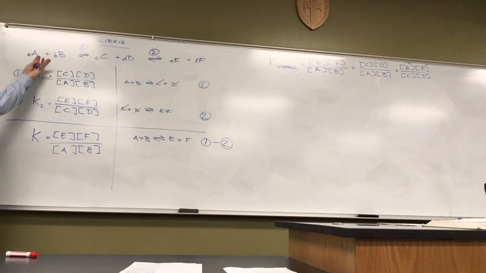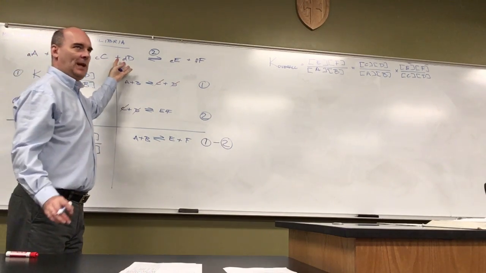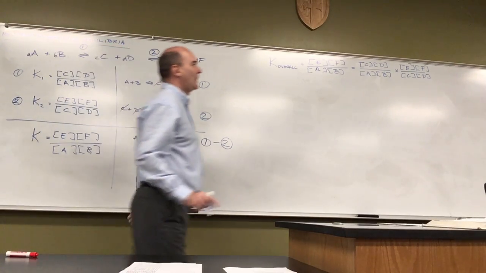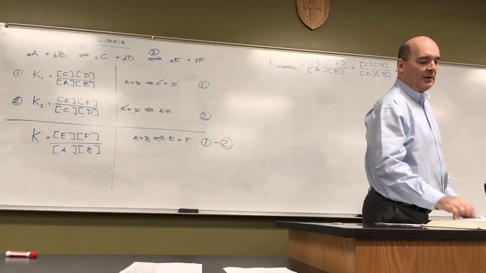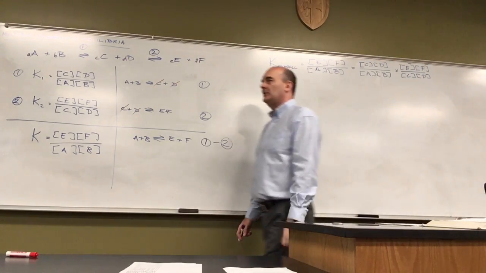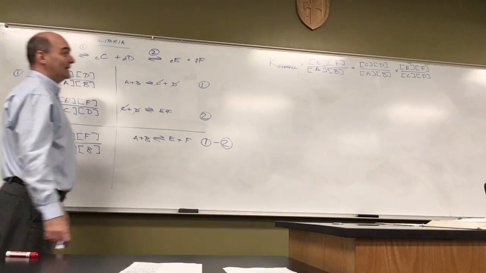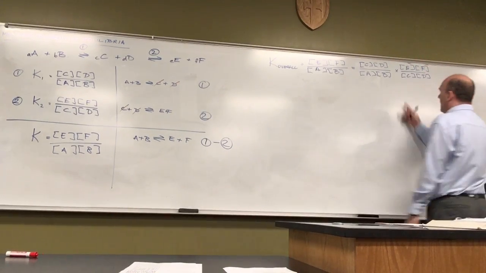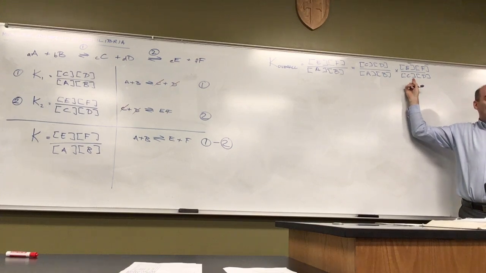Hey, there are my reactants, they go in, C and D appear to be intermediates. You make them, and then they go away. And then I make E and F. So C and D are intermediates, but I can't make them mathematically go away by subtracting them in terms of equilibrium constants, because one's a numerator and one's a denominator.